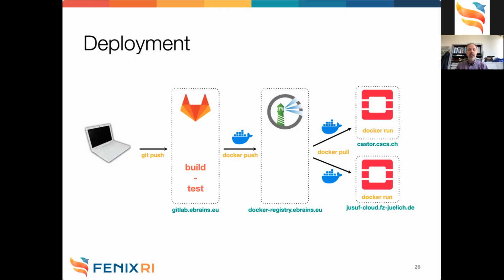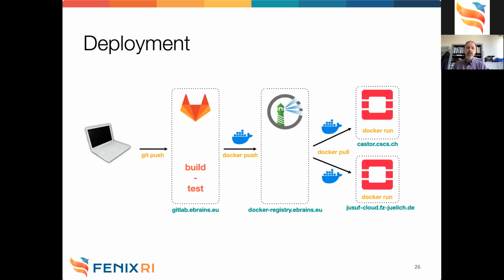If the tests pass, then we push the Docker image that we've built, which contains the server image, to the EBRAINS Docker registry, running software called Harbor. And then from there, we pull the Docker images to our virtual machines running on the OpenStack services at CSCS or in JUELICH. And again, it's worth pointing out in the context of this presentation that the GitLab and the Docker registry are also running on the Fenix RI.